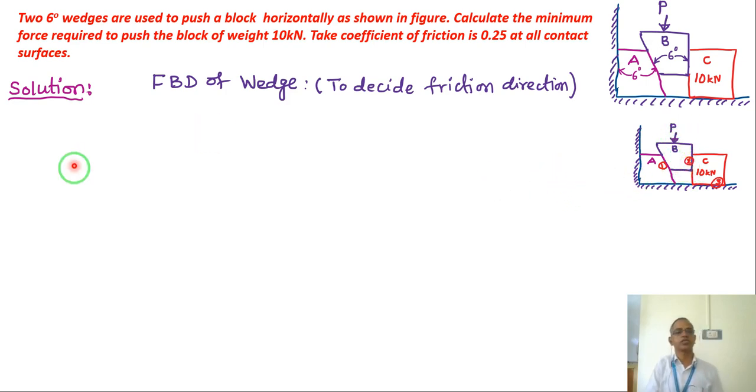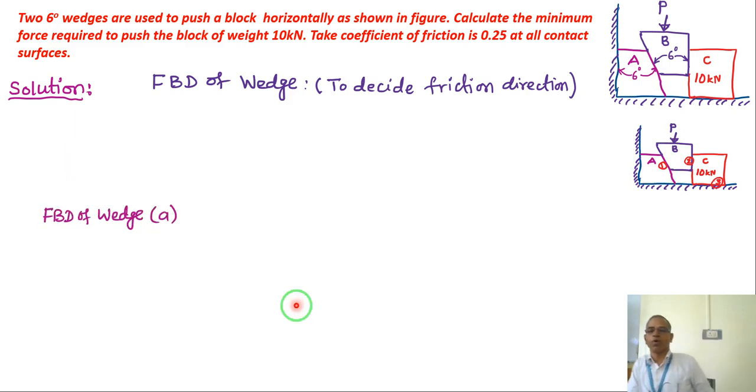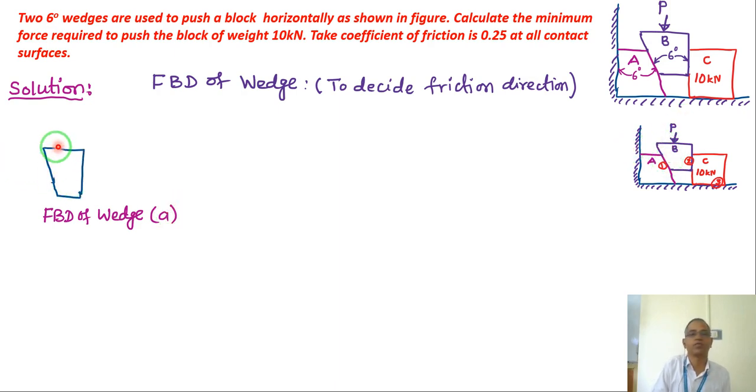So let us draw the free body diagram of the wedge block. I will draw the wedge here. This is a wedge, which I call B. Now try to understand the forces. This is a very important part of this problem. You need to know how to draw the forces on the block, which is called the free body diagram.